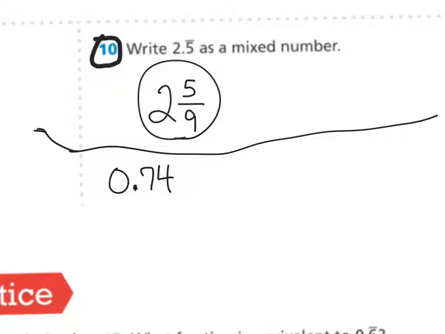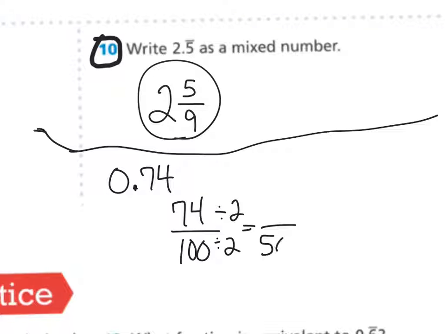So we could say this is 74 hundredths, and that means our fraction we could write as 74 over 100. At that point, it's just a matter of reducing if we can. So these are both even, so we can reduce both of them by 2. So that'd be 37 over 50, and then we can't reduce that anymore.